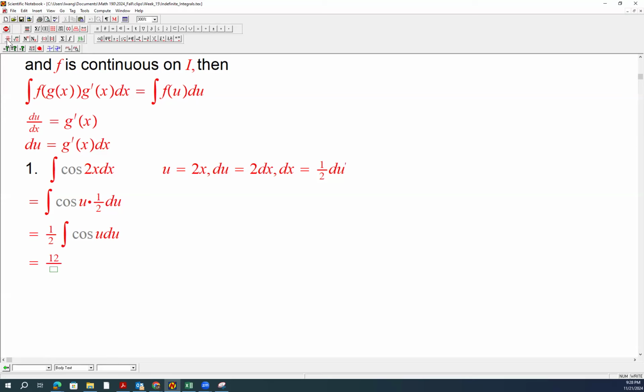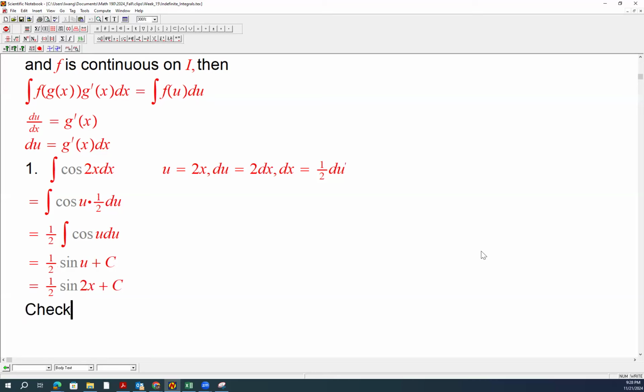So it's 1/2 sine of u, plus a constant. And we're not finished, because we need to substitute u back in terms of x. So the last step is to replace u by 2x.